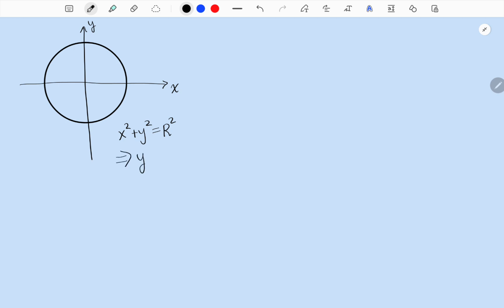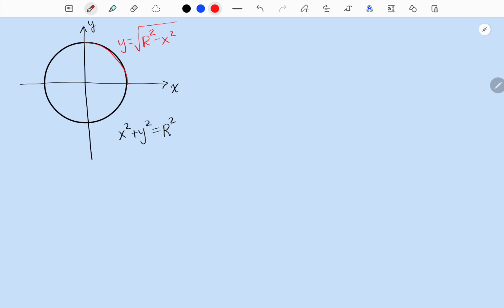I'm only going to look at this top portion, which has equation y equals the square root of r squared minus x squared, just the positive square root. If I put a negative, it will be the bottom one.